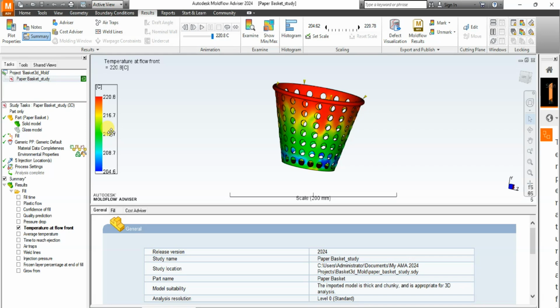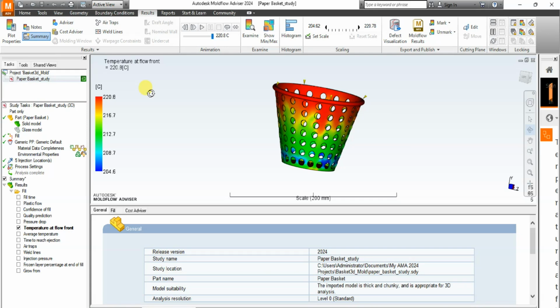Now the flow front temperature should not drop more than 2 to 5 degrees during the filling phase. In this same filling phase that you can see here, it goes from 204.6 all the way to 220, what was indicated in the analysis wizard that I showed previously. Now larger changes often indicate that the injection is too low.